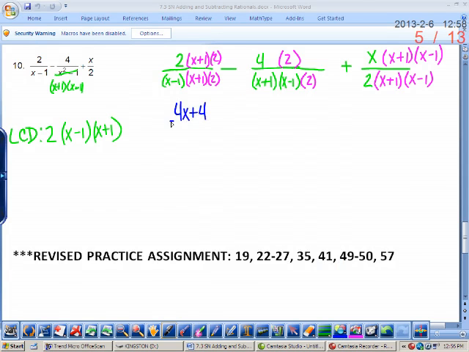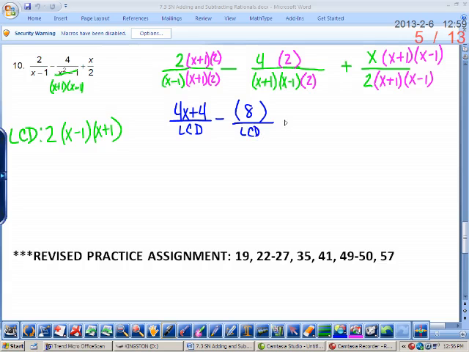Good. When I see that minus, I'm going to put parentheses: 4 times 2, 8. I know that the parentheses don't make a whole lot of difference here, but you're just training yourself every time you see that subtraction sign.